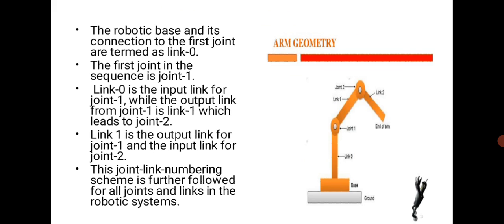Link 0 is the input link for joint 1, while the output link from joint 1 is link 1, which leads to joint 2. This joint-link numbering scheme is followed for all joints and links in the robotic system. So links and joints are a very important component of the robot.